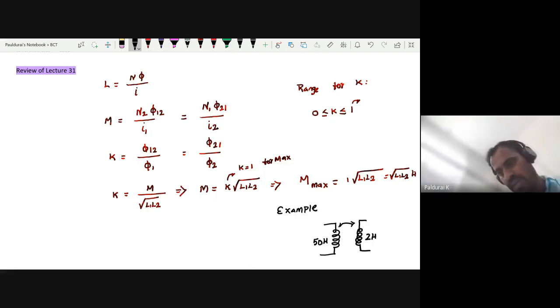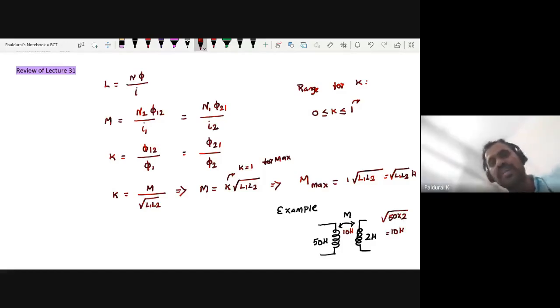What is the maximum mutual inductance that can exist between these two coils? It is 10 Henry, the square root of 50 times 2. So it will give you 10 Henry. I hope it is clear.